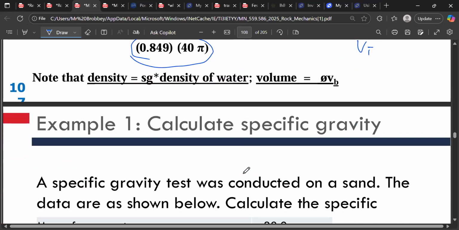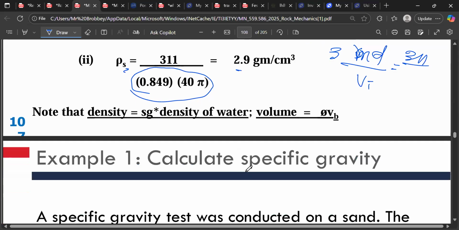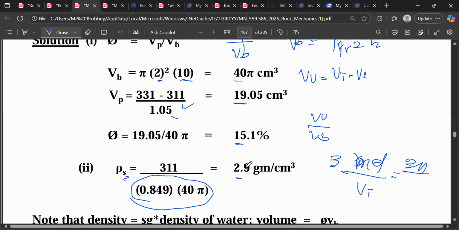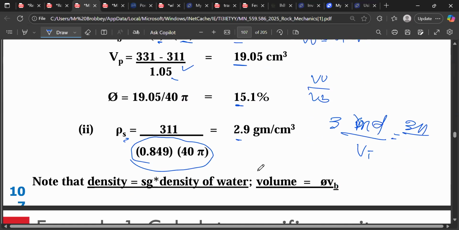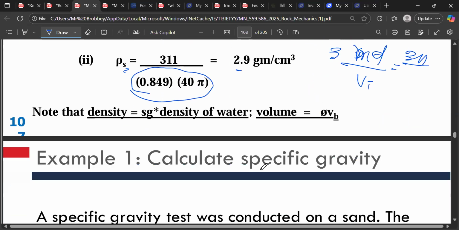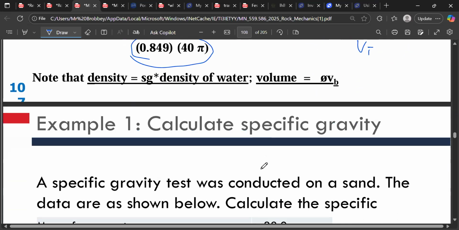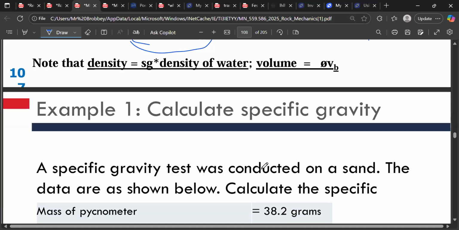You're welcome. So another property of soil is specific gravity. We've heard it quite a number of times, so we want to see how they test and calculate for it.